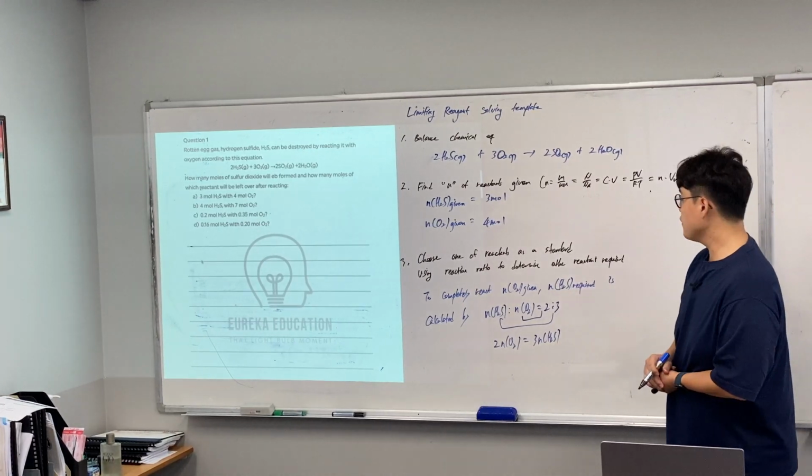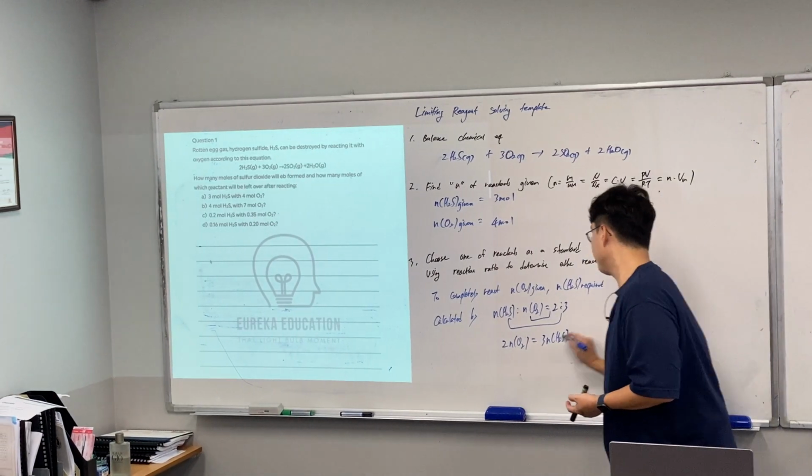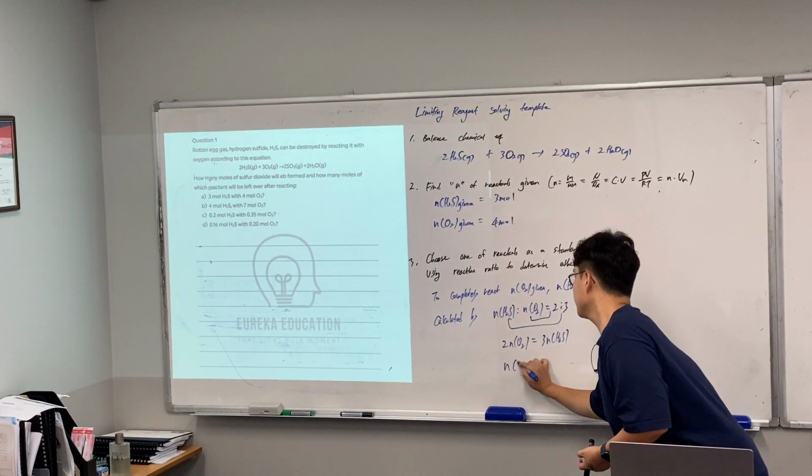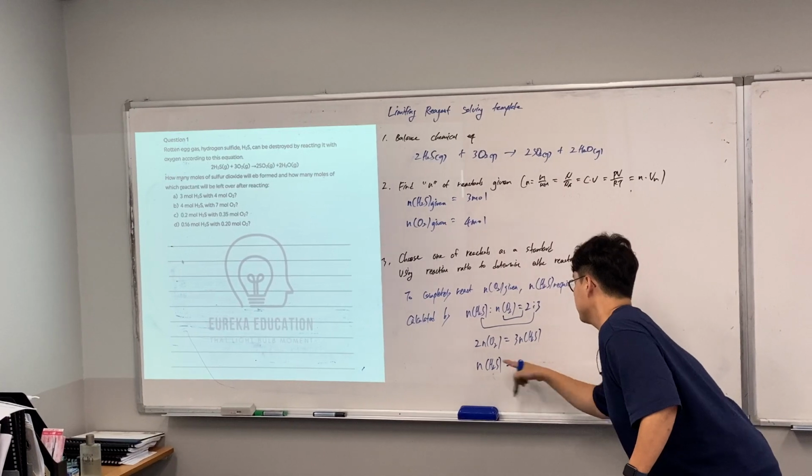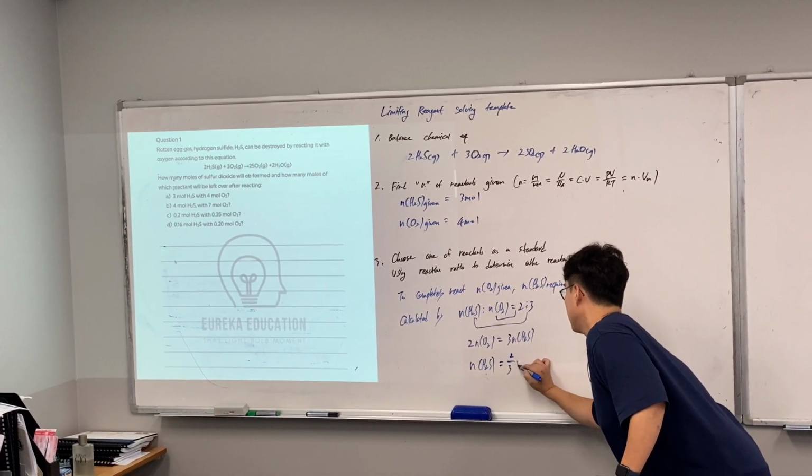Now what we want to find is the H2S. So the N of the H2S will be 2 on 3 of the N of O2.